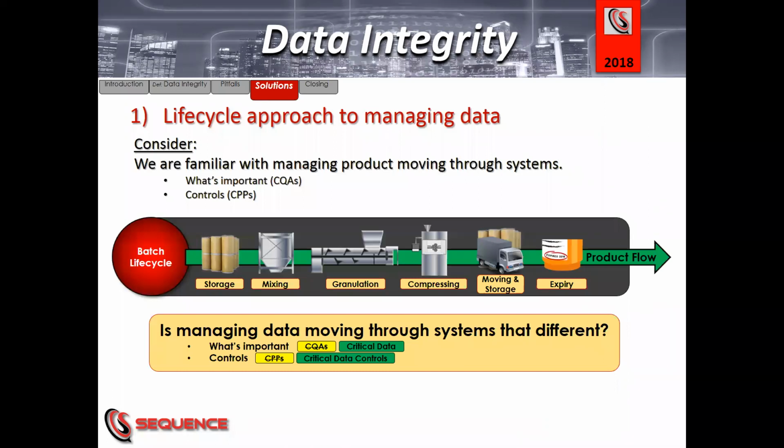We have inputs, we have critical quality attributes, which we've determined as important, and we also have the controls, which are the critical process parameters for controlling and trying to achieve your critical quality attributes. And for this batch, there's a finite lifespan.